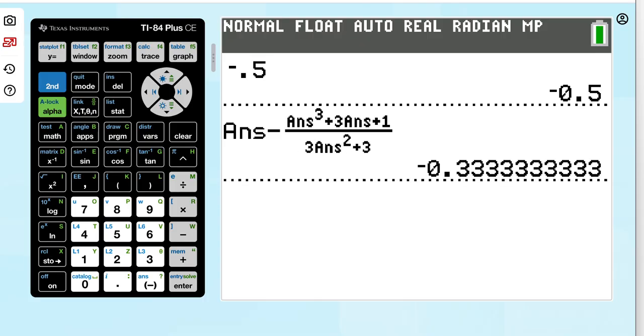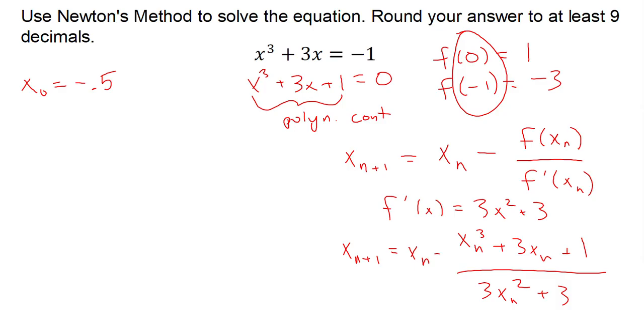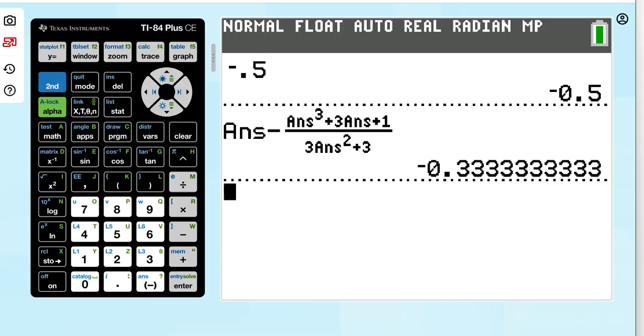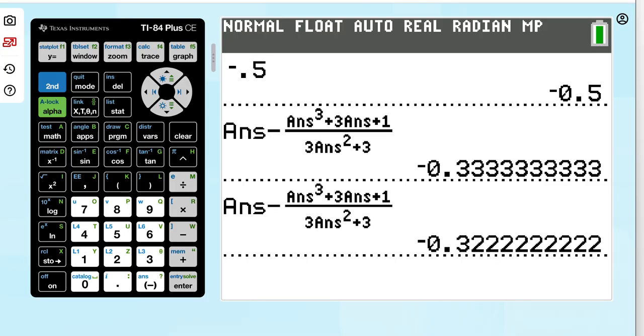We'll hit enter, and it should give us negative 0.3 repeating. So we'll go back to our paper and write negative 0.3 repeating. Then we'll go back here and type enter again, and it's negative 0.32 repeating. What the calculator is doing is just reevaluating that same expression at the new x value.